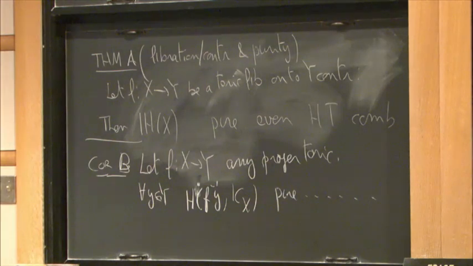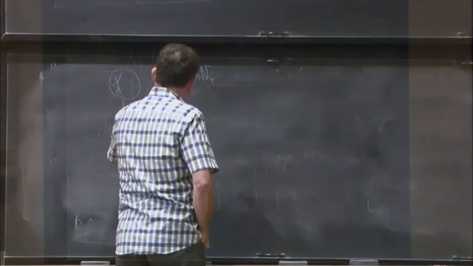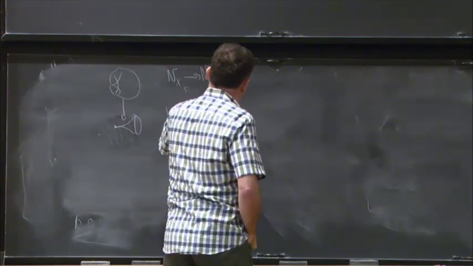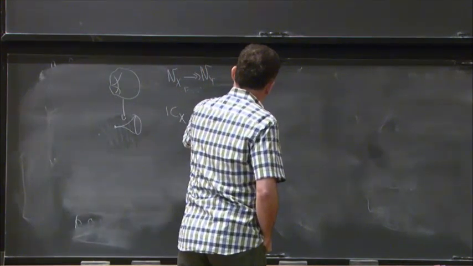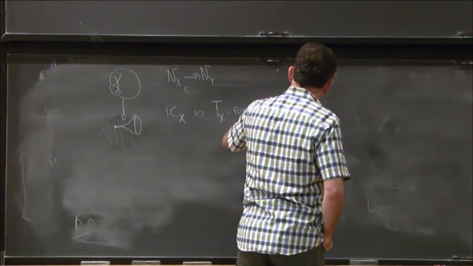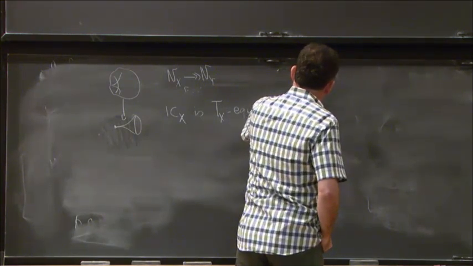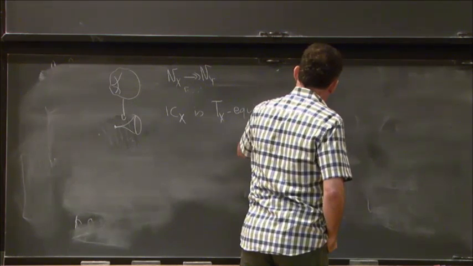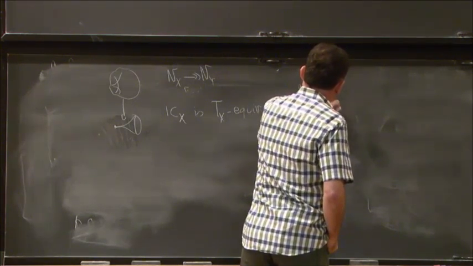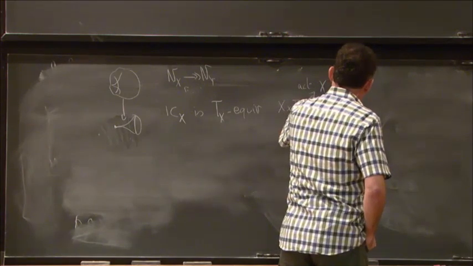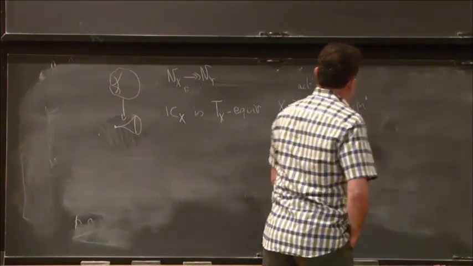This means, first of all, in general, IC_X is torus equivariant. What does it mean? It means that if I take the map from X times the torus to X, the action, and then I take the projection, then something is torus equivariant if act star is the same as pr star.